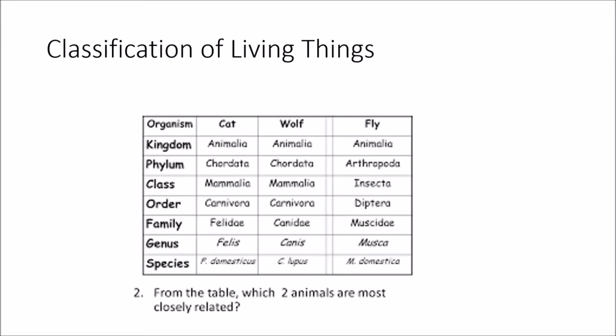If we were to go back to the same example here, the kingdom we talked about was the animal kingdom. Okay, so this was the broadest level of classification shown here. And all 3 of these organisms were all animals. Okay, so even though a cat, wolf, and fly are all different from one another, they still shared those similar traits to both be called an animal.